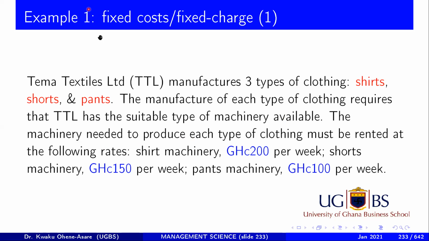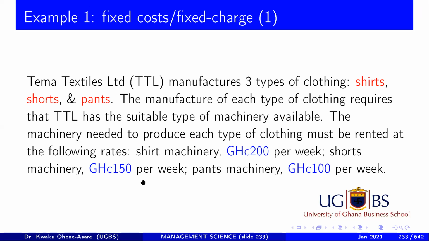Now I want you to please understand something small. The first thing is this: you are going to produce shirts, shorts, and pants, but you need shirt machinery, which will cost 200 cedis a week. You need that to be there before you can produce what? The shirts.